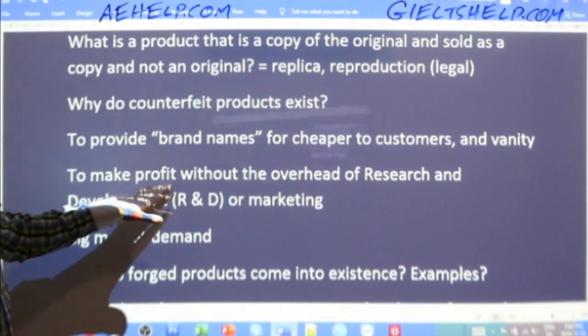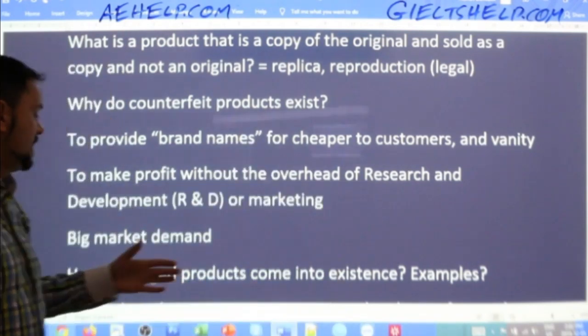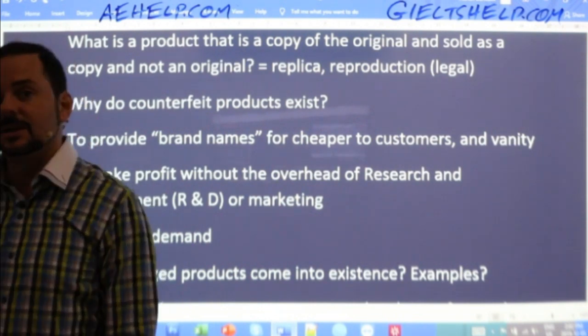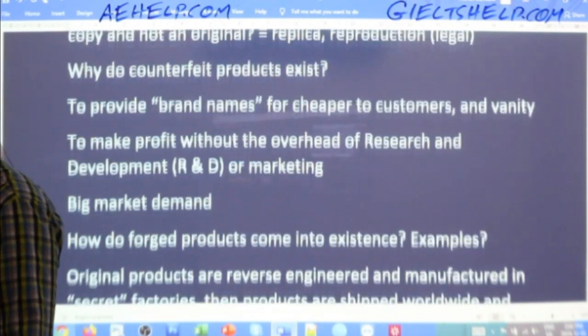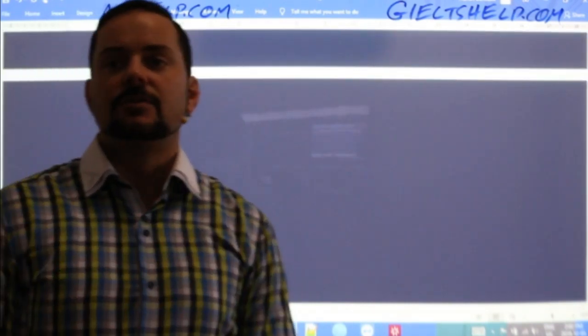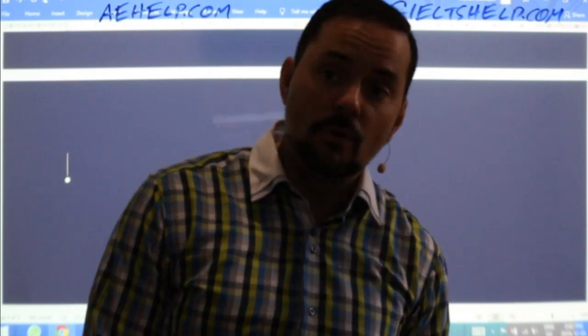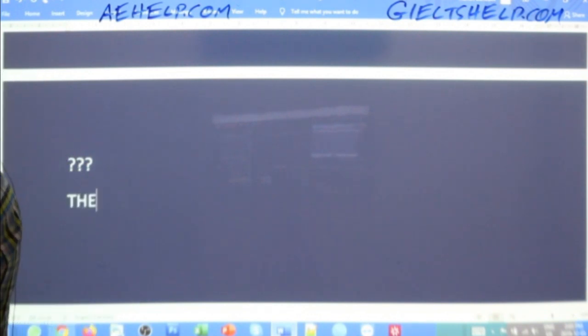The producer doesn't have to invest in research and development, marketing, and there's obviously a large market demand that has been created by the original brand. So we know that question. So then what question remains for the controlling idea? There's a question that remains. What's the question that we need to ask and answer before we write the thesis? So there's a question here, and then we can write the thesis after.